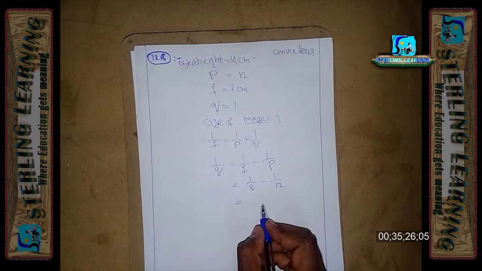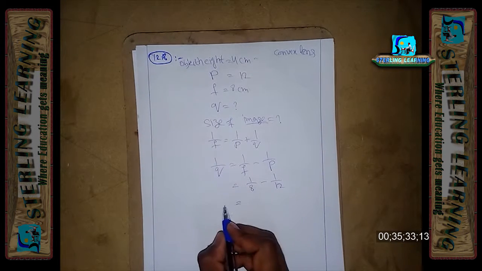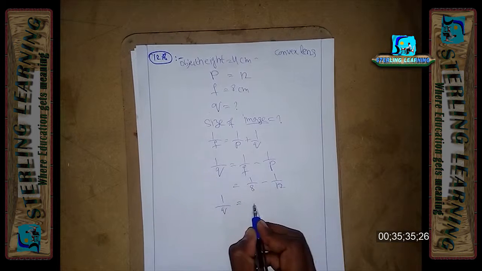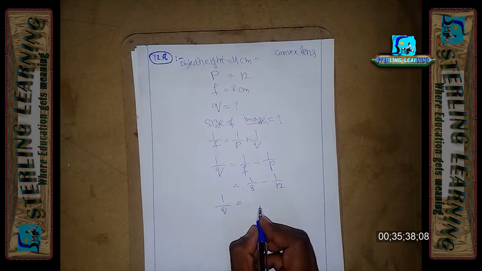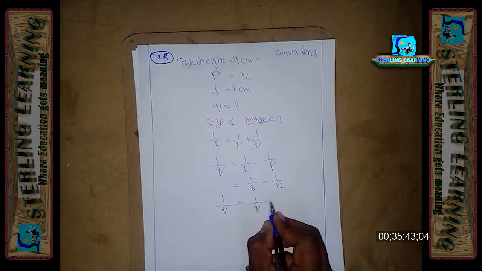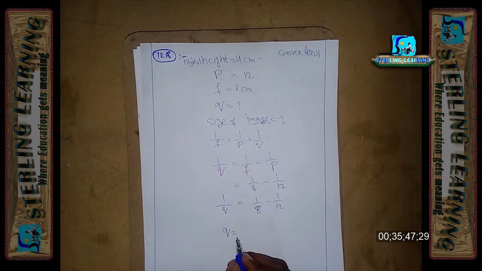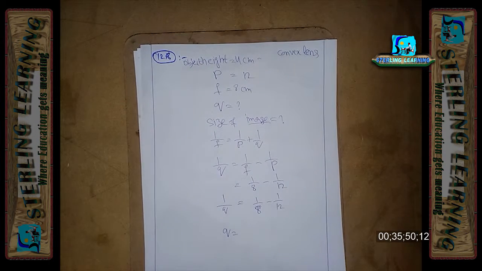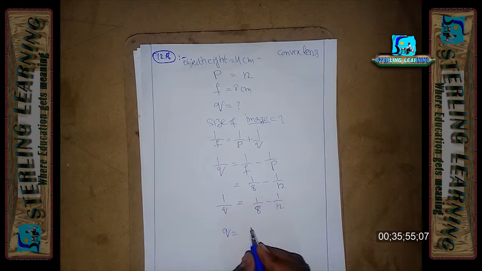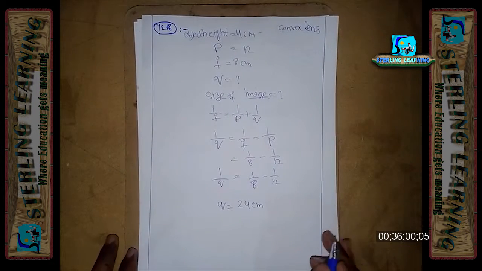So 1 over q is equal to 1 over 8 minus 1 over 12, and q comes out to be 24 centimeters.